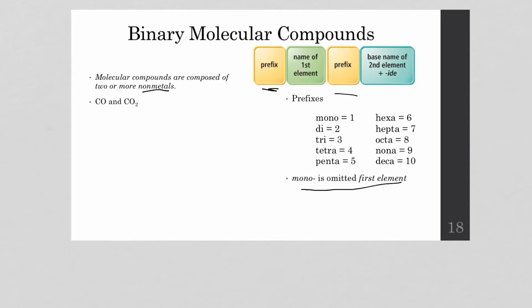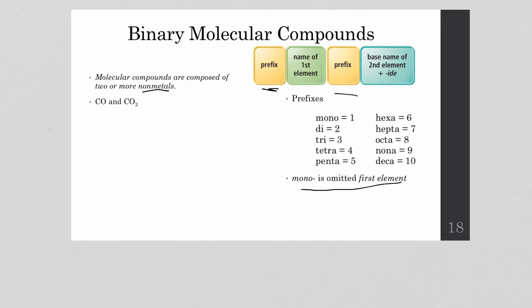Of course, the reason we need the prefixes is because the same two nonmetals can form various compounds. We saw this when we looked at the law of multiple proportions, where carbon and oxygen can form various different compounds, just like nitrogen and oxygen can. And we have to have some way to dictate that.